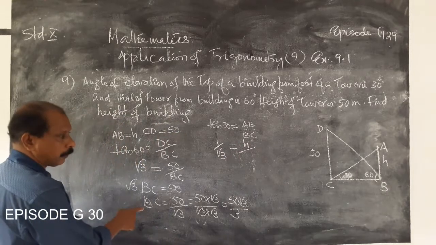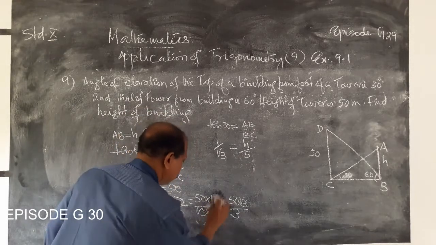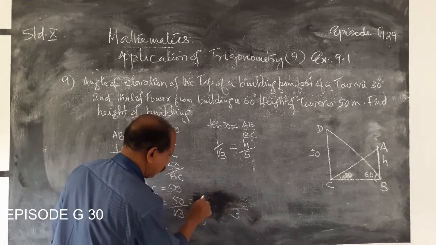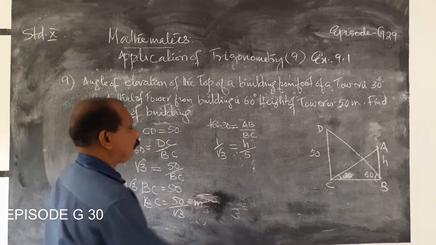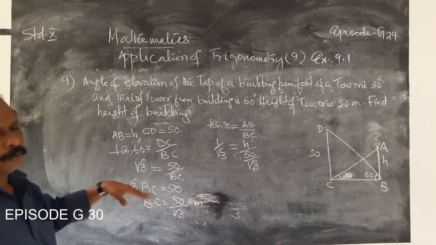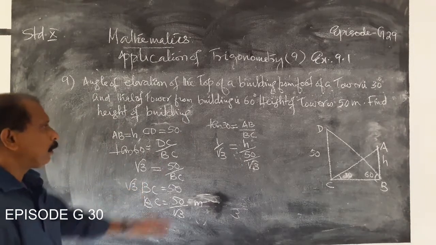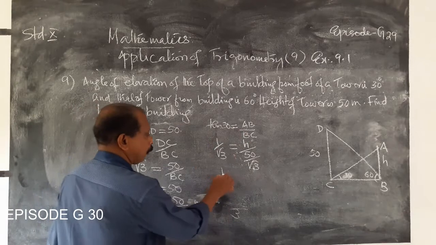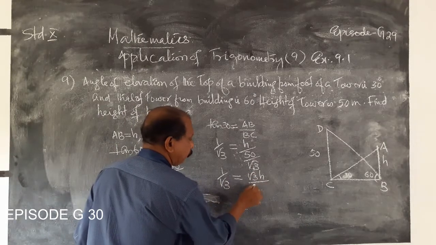BC is obtained from the first result: it is 50 by root 3 meter. That is what, converting into rationalization, we can get. Directly we get BC is equal to 50 by root 3. Then the root 3 goes to the numerator. Therefore, 1 by root 3 is equal to root 3 H by 50.